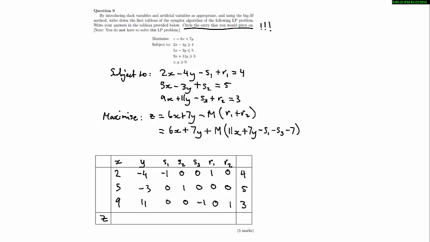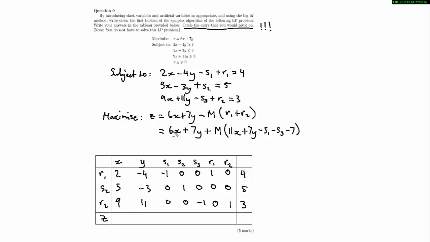Okay, so we can quickly add in the first column what our basic variables are. In this case we have R1, S2, and R2. It remains to fill in our final Z row, and we do that like any other LP problem, but notice that we also have to add in the M parts.